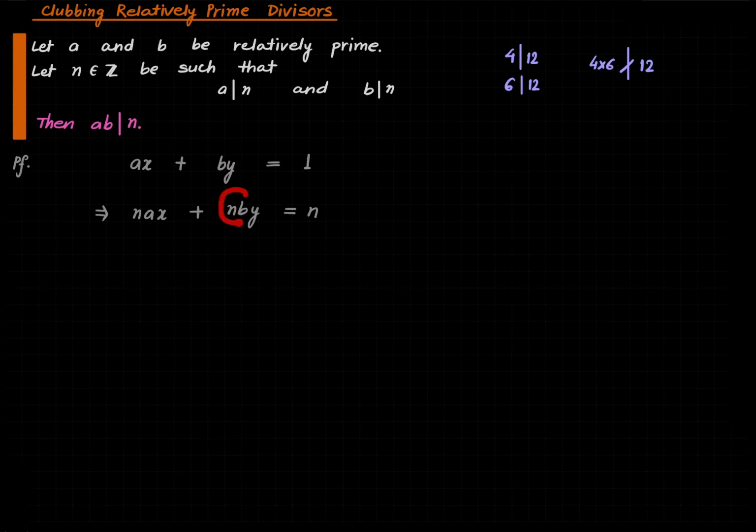So both these terms are divisible by a times b, and so is the LHS and therefore the RHS, and we are done. So it's a very short piece of reasoning using Bezout's theorem, but if you think about it directly, it will not be so obvious. Anyway, I wanted to point this out. All right.